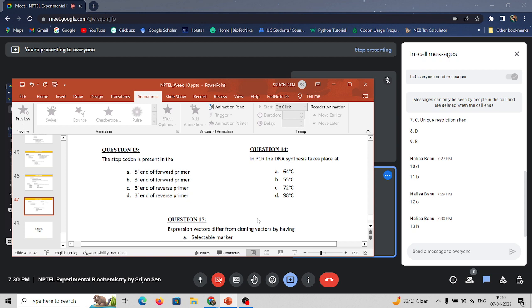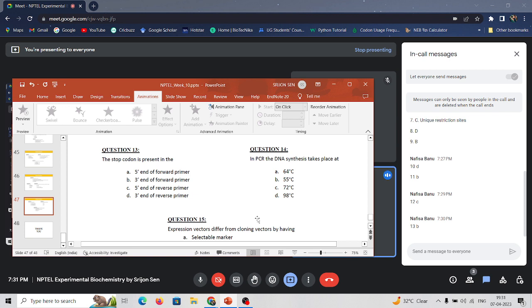Will it be able to perform any reaction as such? No. But then where should it be present? It should be present in the 5' end of your reverse primer. Because it is your complementary, it is at the back end side. So when it is present in the 5' end of your reverse primer, then after the entire process of annealing and elongation, only then will it reach the stop codon, and then the process stops.